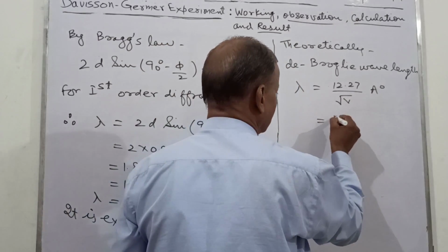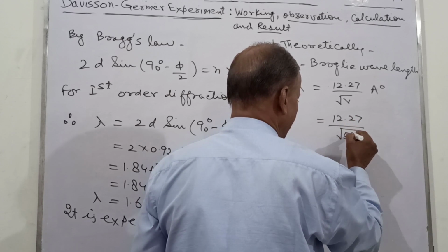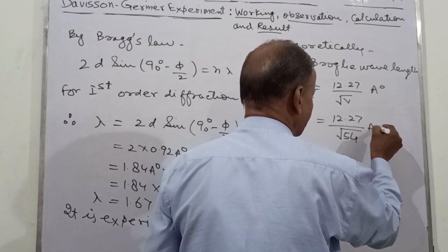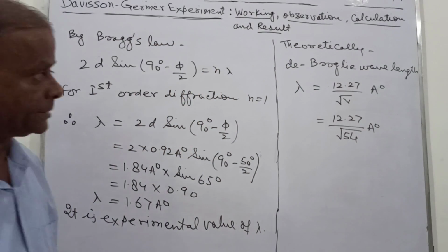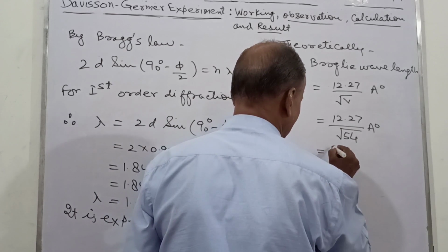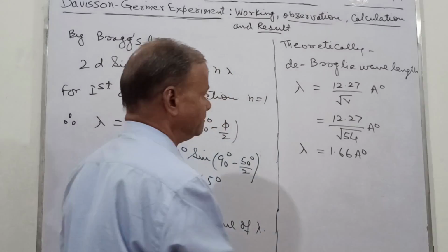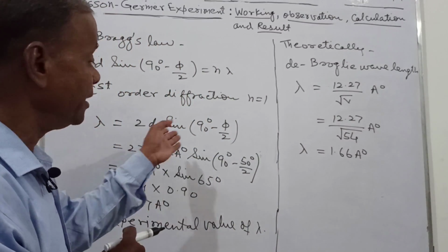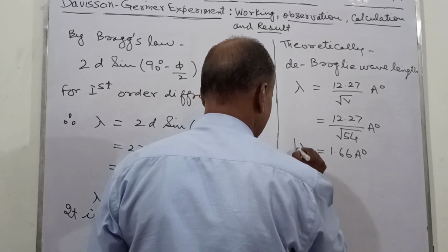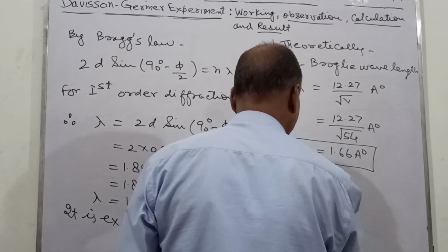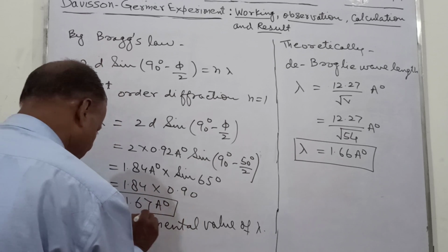Now this is 12.27 upon square root of 54 angstrom, and this value is coming out to 1.66 angstrom. This is equal to lambda. So this is the theoretical value and this is the experimental value.